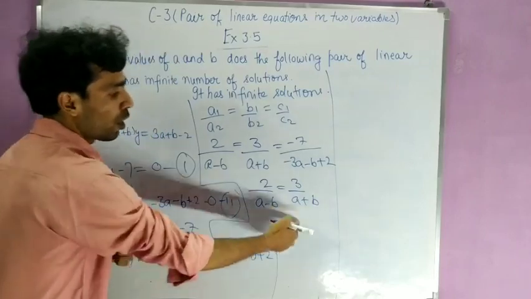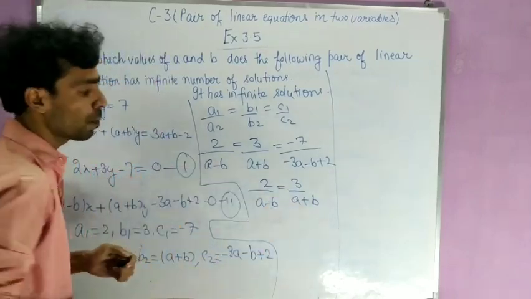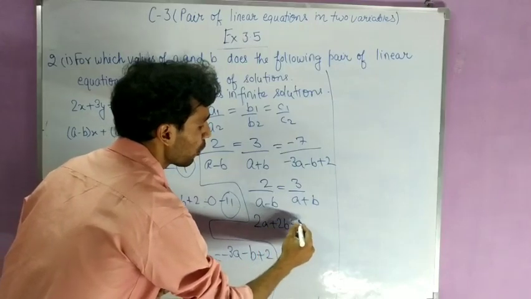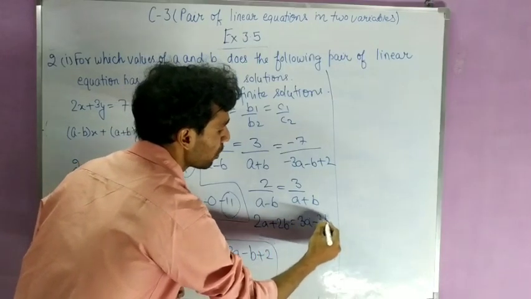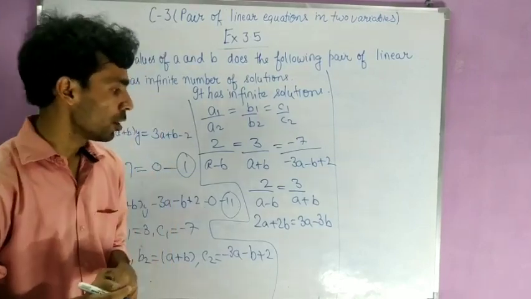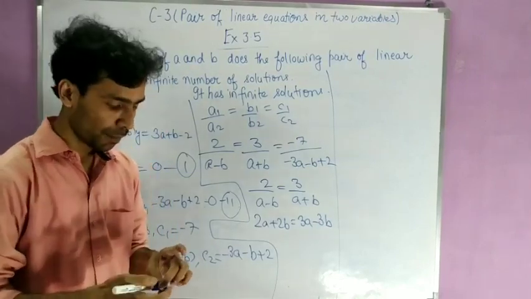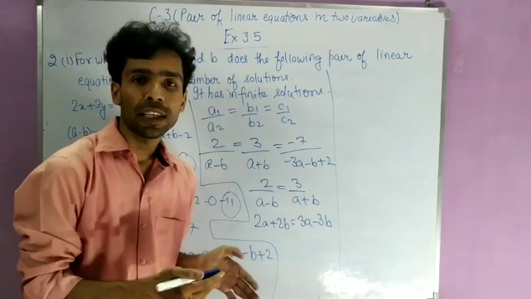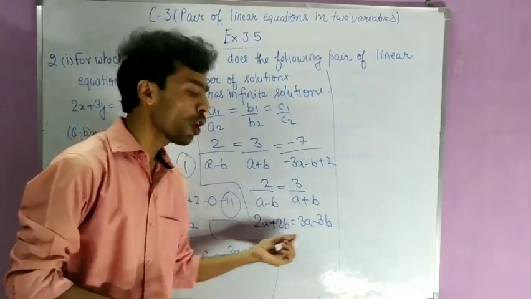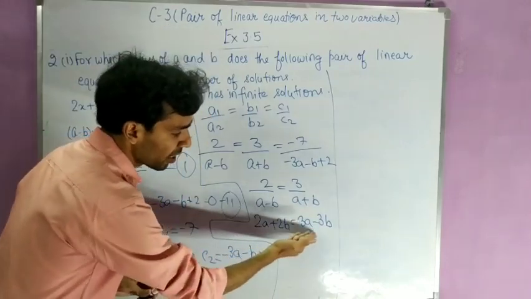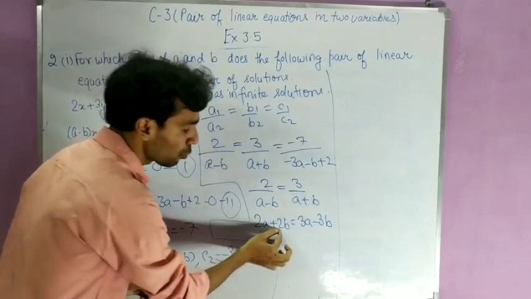Now see, cross multiply it. When you cross multiply, you will get 2a plus 2b equal to 3a minus 3b. Okay. Now place the same type of variables together, means place all the like terms together. So I am transferring this 3a to this side, and this 2b to this side.